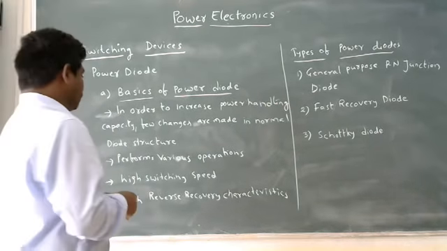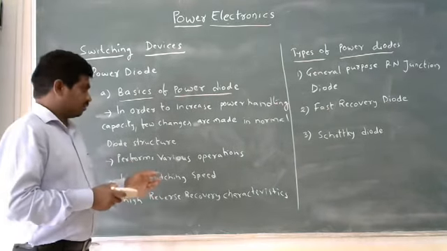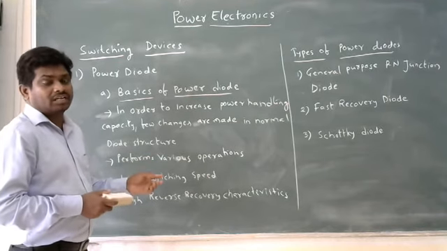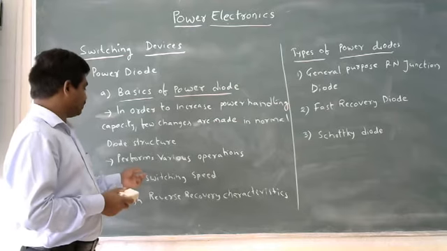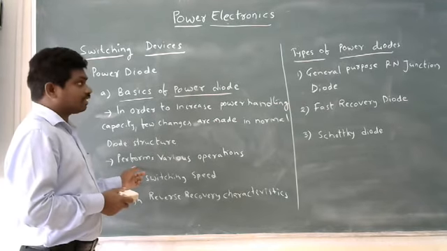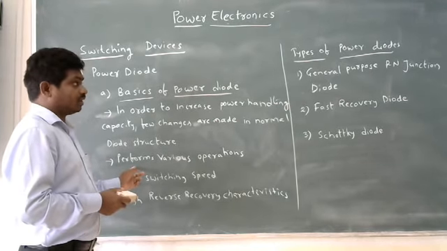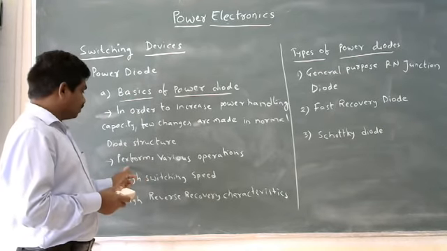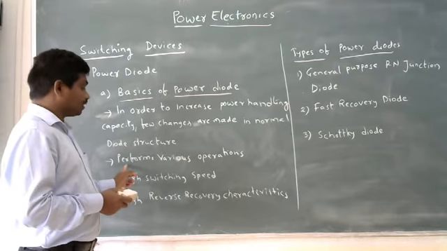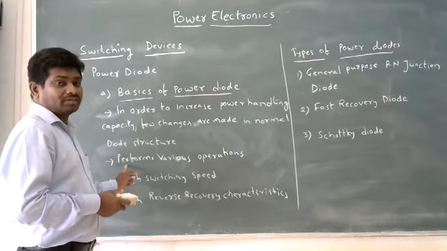Let us see one example, power diode used in conversion of AC power into DC power. It's very easy. We are going to use a different type of power diode. We are going to see types of power diodes after this, and we can use this power diode for converting the AC power supply into DC power.